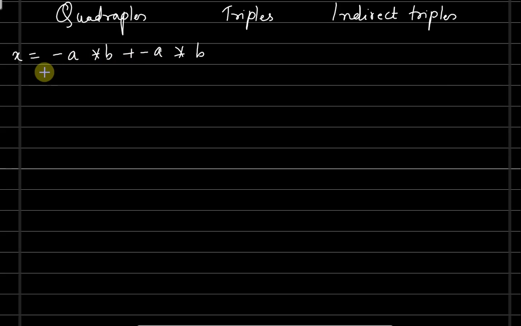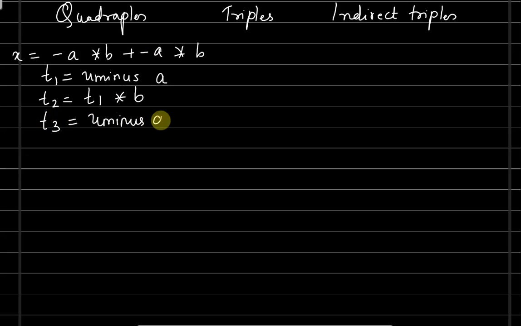So I'll create a temporary t1 which will store this computation, u minus. I represent unary minus as uminus a. Then multiplied by b. So t2 is equal to t1 into b. Then t3 is equal to uminus a. t4 is equal to t3 into b.